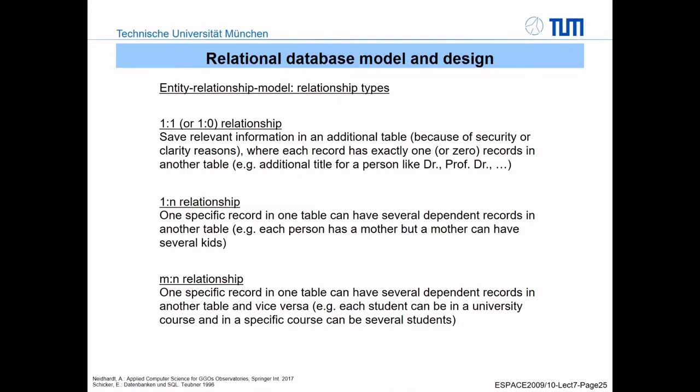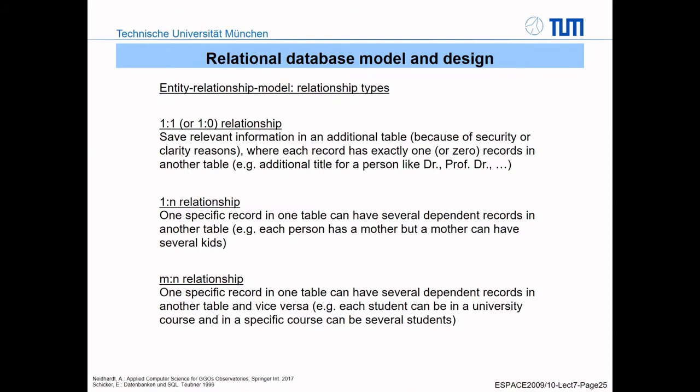An m-to-n or n-to-m connection or relationship is that one specific record in one table can have several dependent records in another table, and vice versa. A sample is these university courses and students, where you have this relational table. The first two relationships have just foreign keys in their own table as a connection to a primary key in another table.